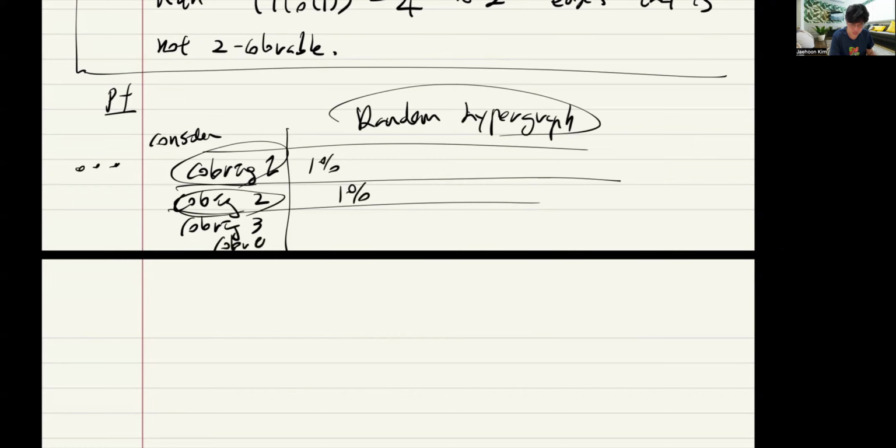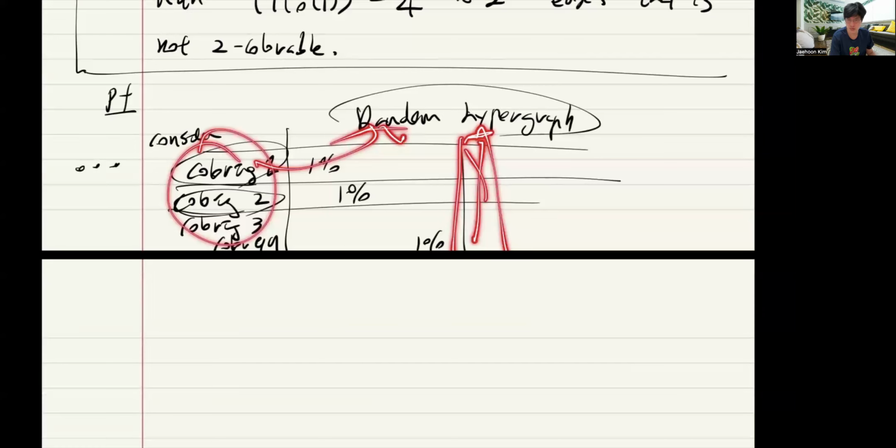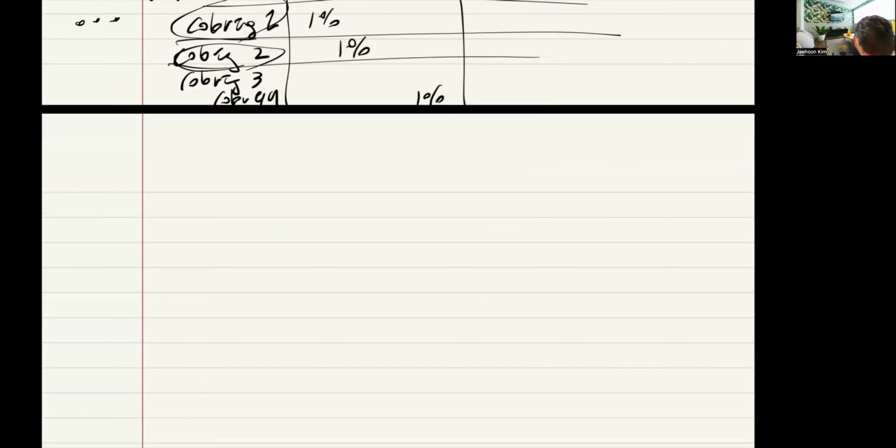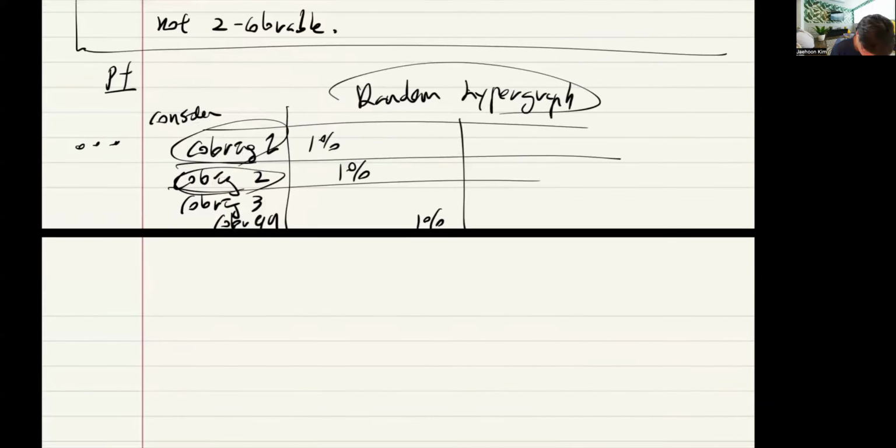If there are only 99 colorings and each works with probability 1%, then with probability at most 99%, one of them works. That means with positive probability, none of these colorings works for this random hypergraph. But we listed all possible colorings. That means this is not two-colorable.